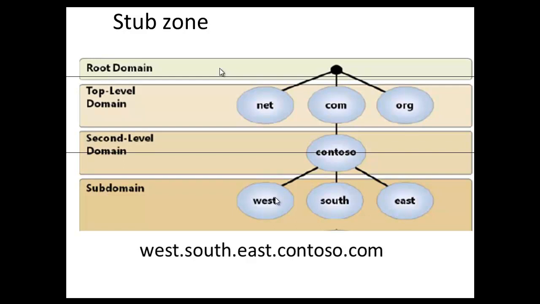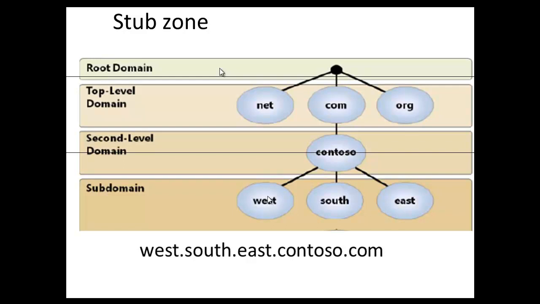So West domain is a child of the Contoso domain. South domain is a child of the Contoso domain, and East is a child of the Contoso domain. So west, south, and east are all children of that domain, and they have zones.